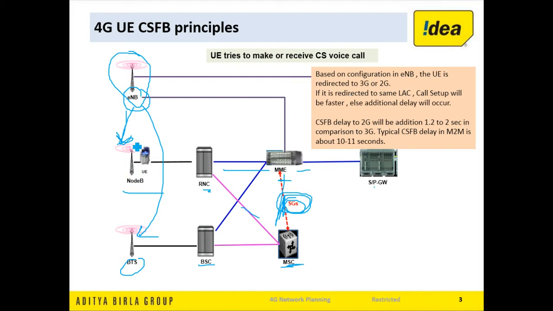So even if the LAC configuration is set appropriately to 2G or 3G, the fallback time taken for a 2G network is marginally higher than a 3G network. We have seen in our testing results that it can vary from 1.2 to 2 seconds in a good coverage area.